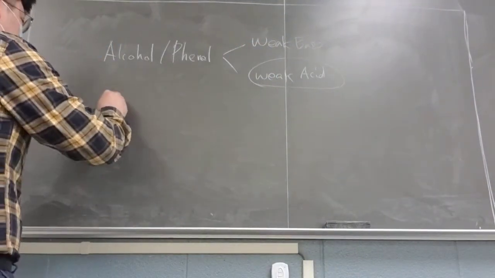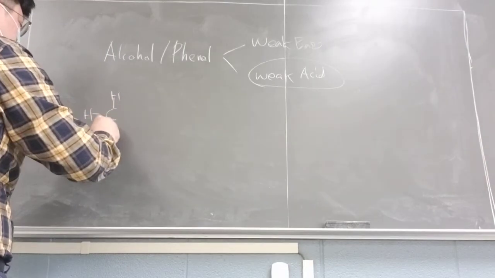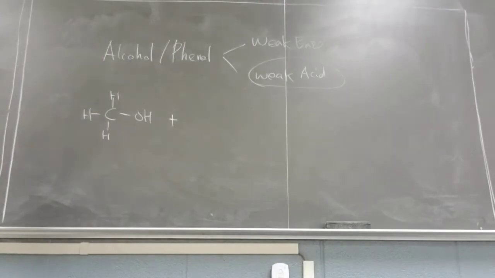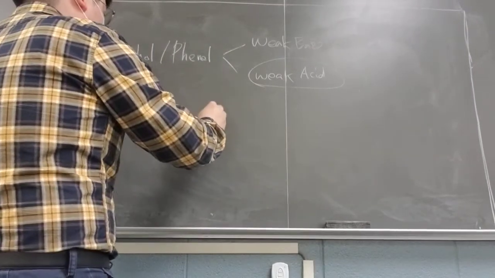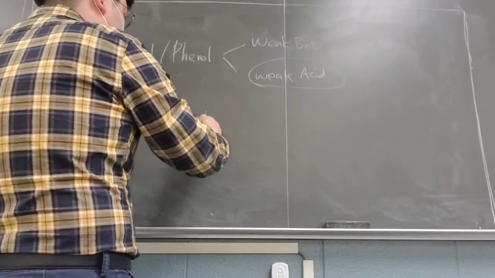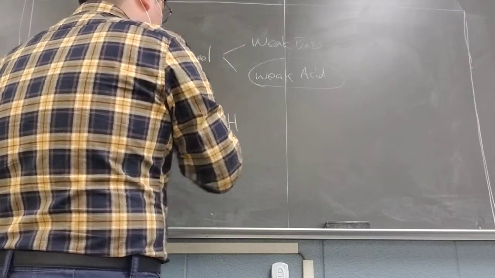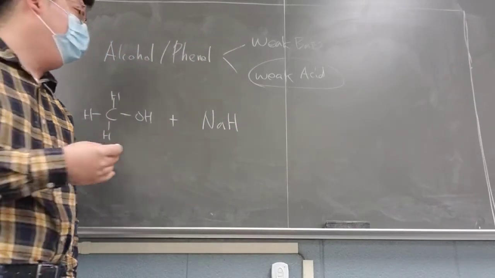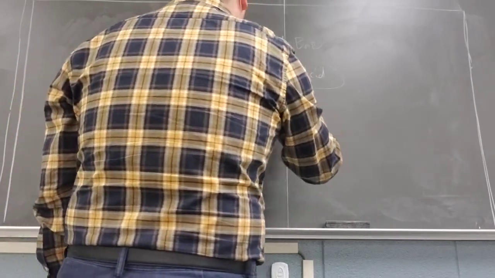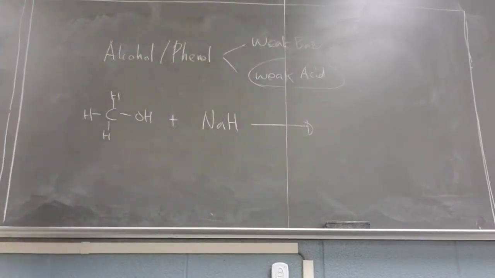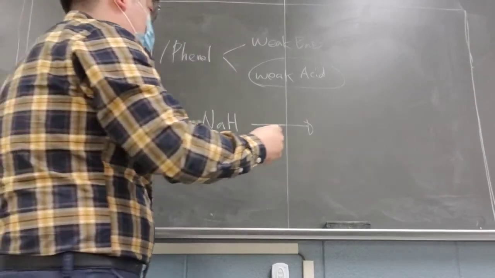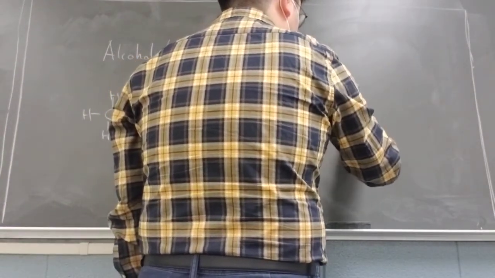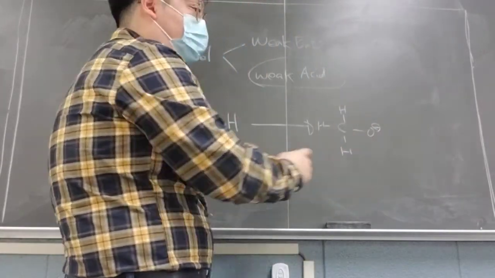So if you have methanol here, and it behaves like a weak acid, you can also try it with a very strong base like sodium hydride over here. As you can expect, we can also make the alkoxide form after donating the proton, becoming methoxide without the proton on this oxygen.